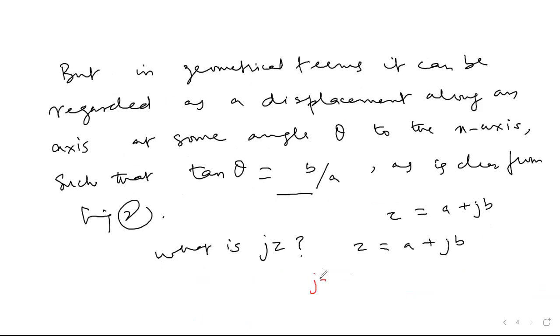What is jz? jz is ja plus j square b. Simply multiply throughout by j. So it is ja plus jjb, which is j square b, which is ja minus b. Why so? Because j square is minus 1.